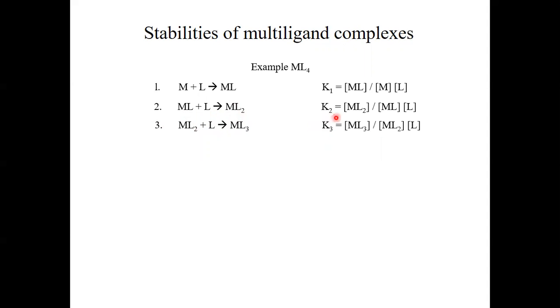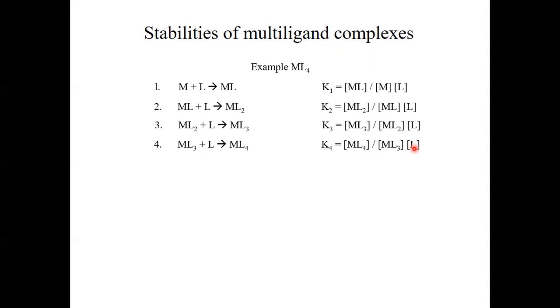And the associated equilibrium constant, K3, would then be ML3 over ML2 times L. And finally, we can add our fourth ligand to ML3 to give ML4. And that would be associated with the last equilibrium constant, K4, which is given by the concentration of ML4 over the concentration of ML3 times L.